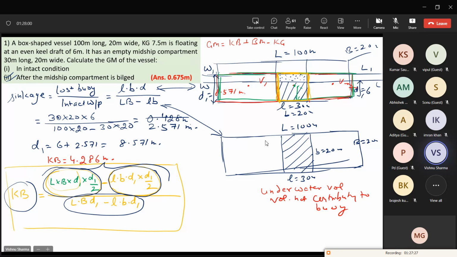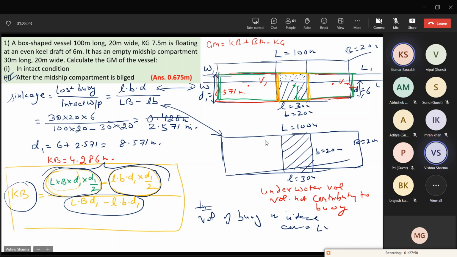Now, one more simplification can be done here. Which method are we following? Lost buoyancy method. Okay, very good. In the intact condition, what was the volume of buoyancy? Look at the diagram and tell me.